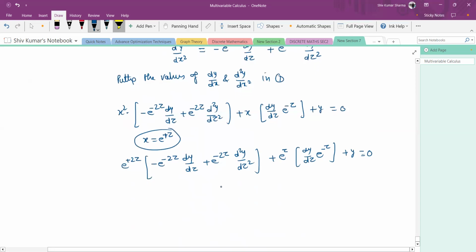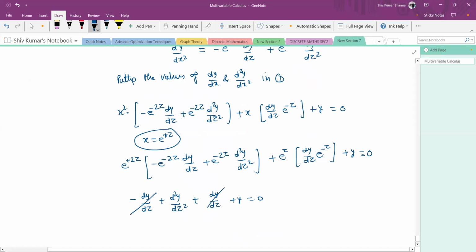When we multiply e raised to the power 2z into the bracket, this gives us e raised to the power 2z times e raised to the power minus 2z, so e raised to the power 0, which gives us 1. So we write directly dy by dz plus d square y upon dz square, plus for this term also dy upon dz, plus y is equal to 0.